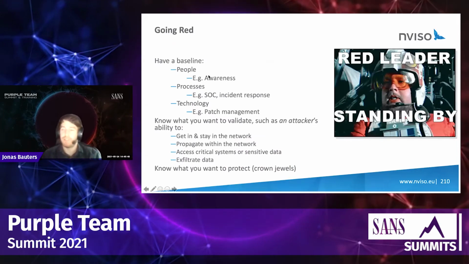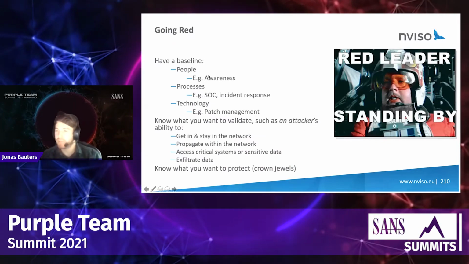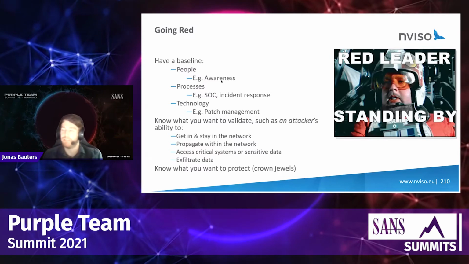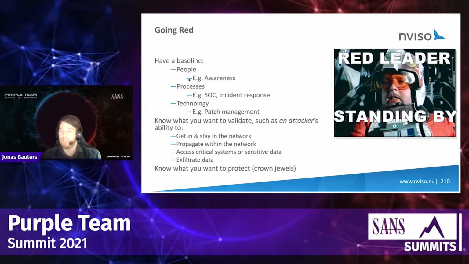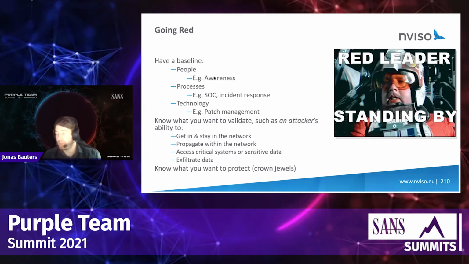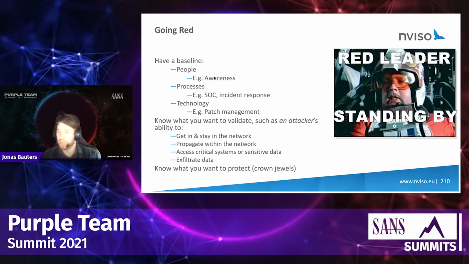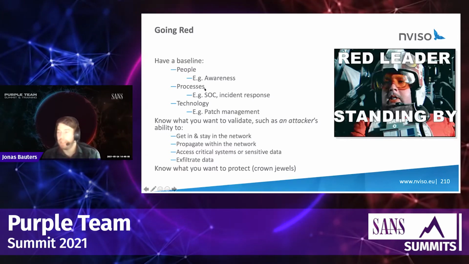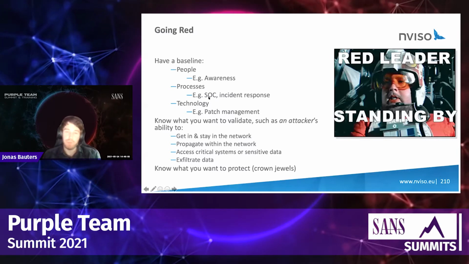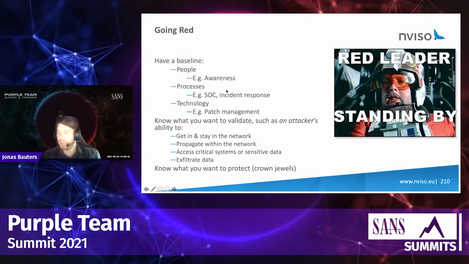And then after having executed these types of tests, you should hopefully have a baseline in terms of people, processes, and technology. So people could be security awareness, both to phishing and physical awareness. In terms of processes, you should already have a bit of incident response processes.